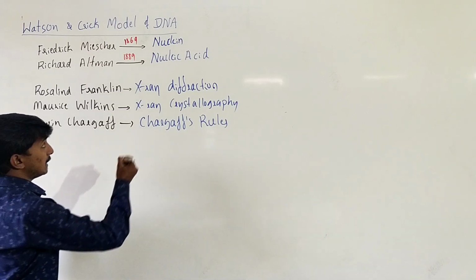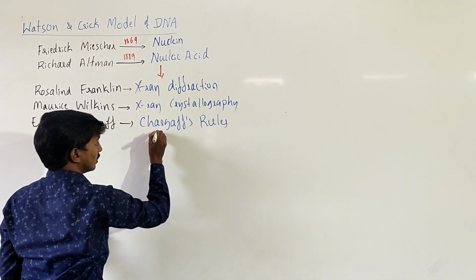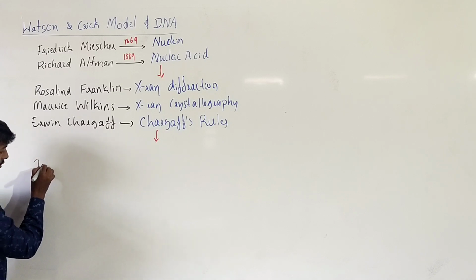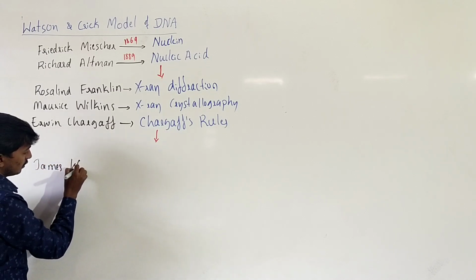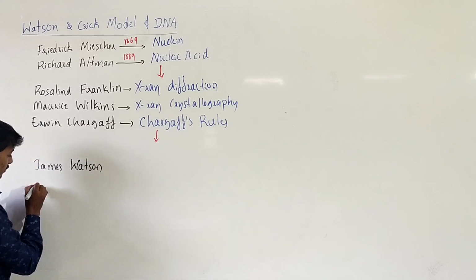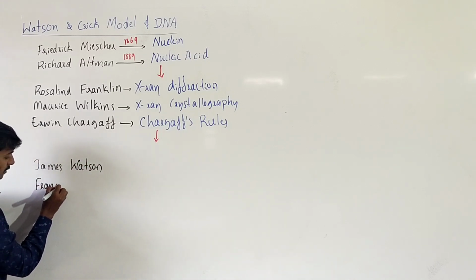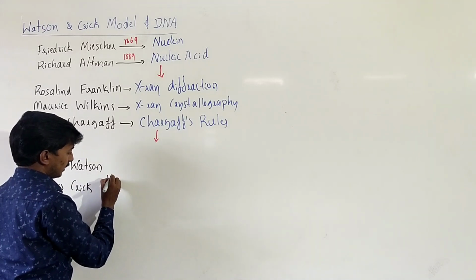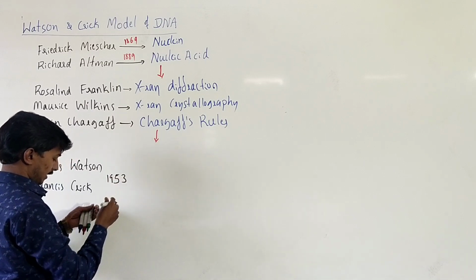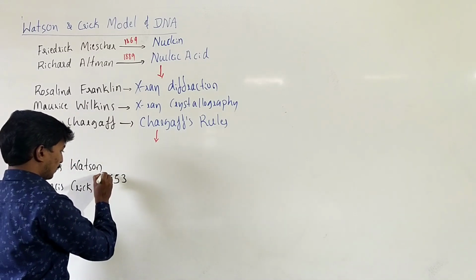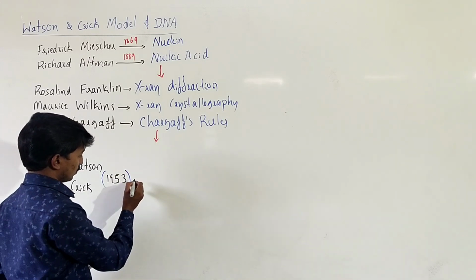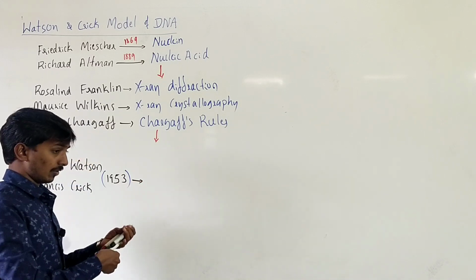So by taking the help of all these, two major scientists, James Watson and Francis Crick, proposed in the year 1953 the model of the DNA that is known as the double helical structure of DNA.